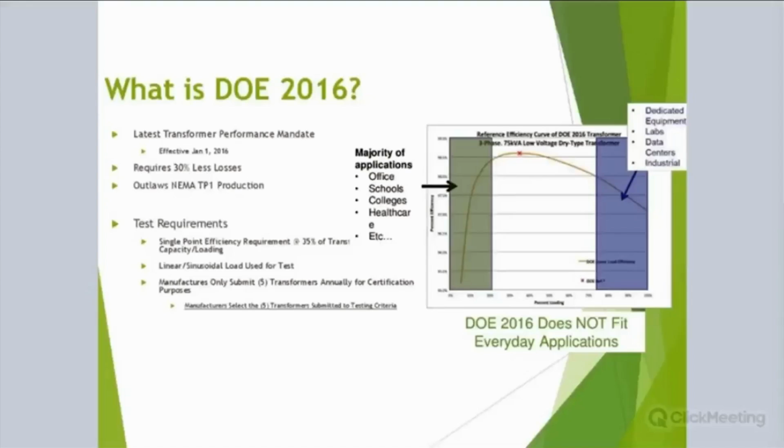So the goal with Department of Energy was to try to receive 30% less losses, meaning make the transformer 30% more efficient. In doing so, there's ways to design and manufacture that product such that you can make the unit more efficient. You can go further and make it even much more efficient, what we consider ultra high efficient transformers.